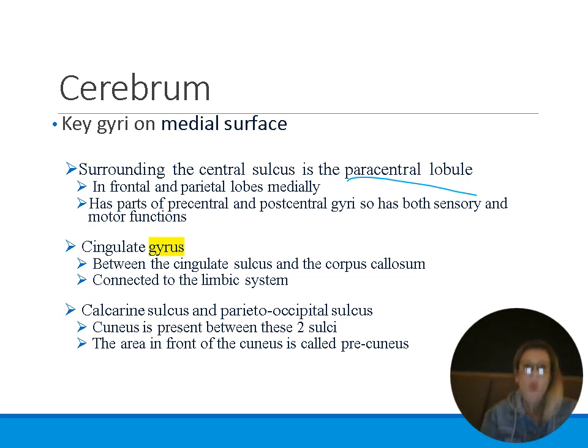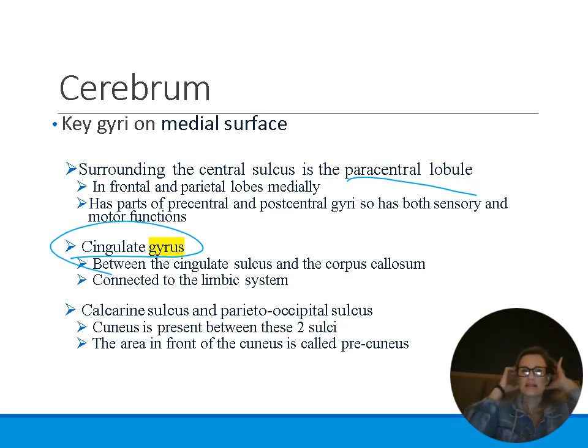Because it has both, the frontal lobe part is the precentral gyrus, which is for motor. The parietal part is the postcentral gyrus, and that's for somatosensory information. So that paracentral lobule area in the very middle of the medial aspect has both sensory and motor functions.